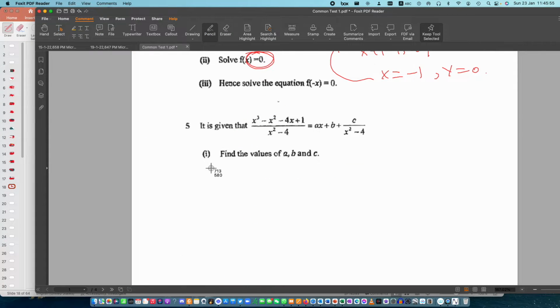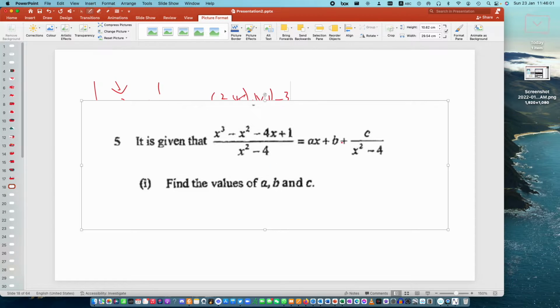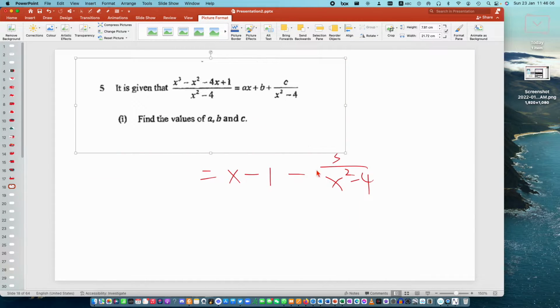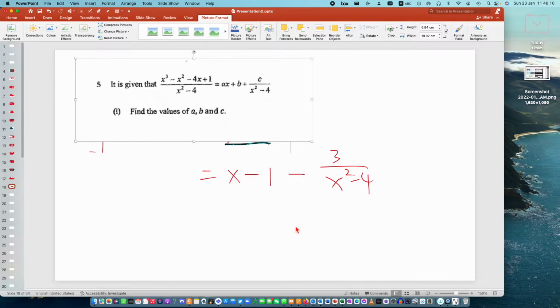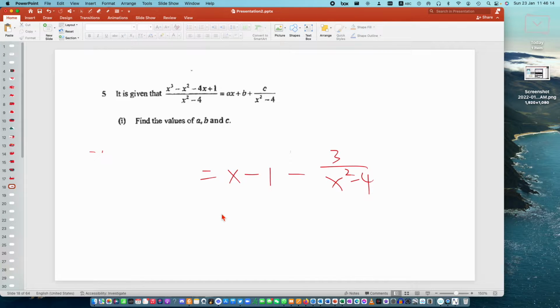You get your A, B, C, or not yet? Yeah, the C is the C. You can see the C because C is 3. I think you can get all already. A is 1. Comparison. B is minus 1. Okay? Then how do you do the partial fraction?